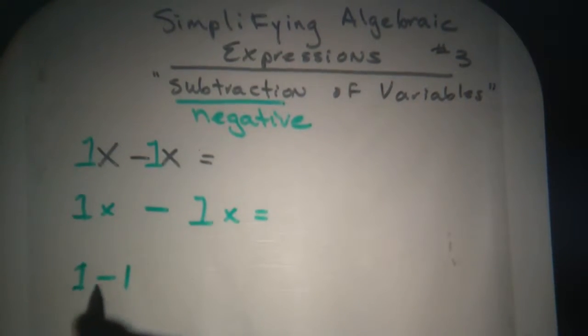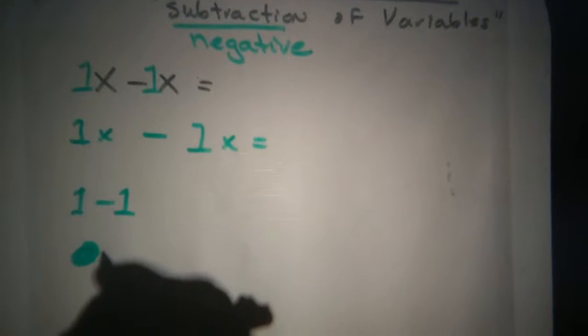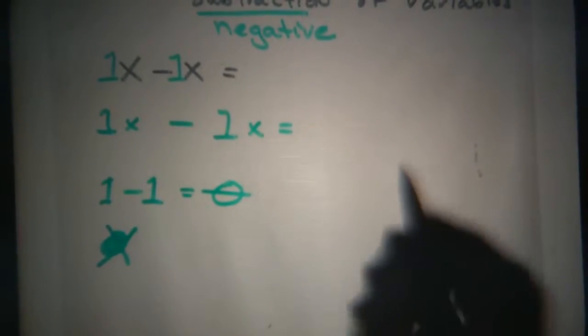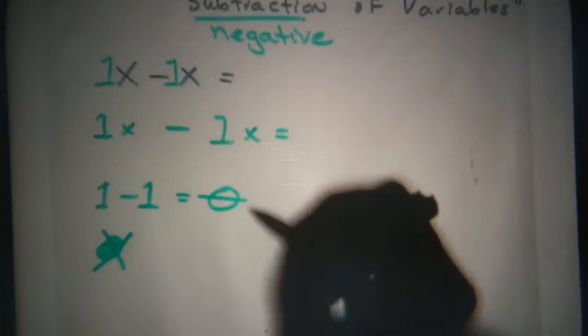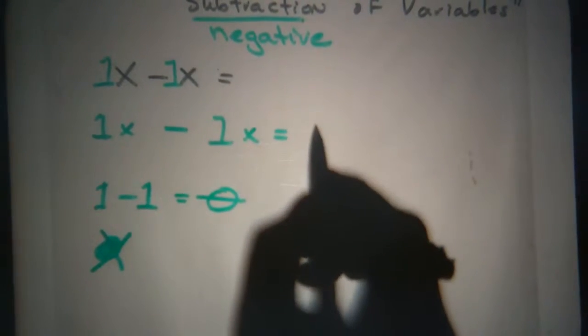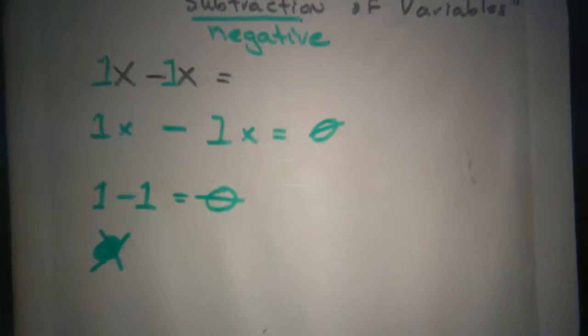What's 1 minus 1? If you have one ball here and you take away one ball, how many balls do you have left? 0 balls. Alright, so here, if we have 1x and we're taking away 1x, how many x's do we have left? We have 0 x's left.